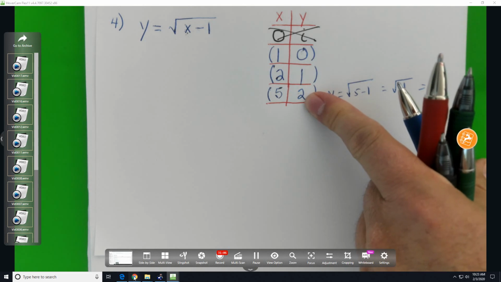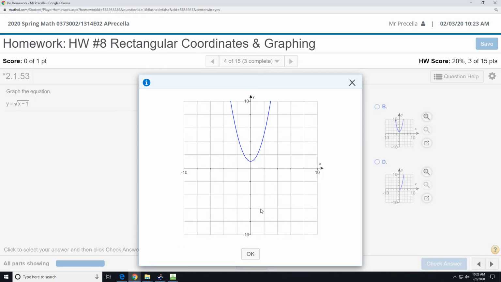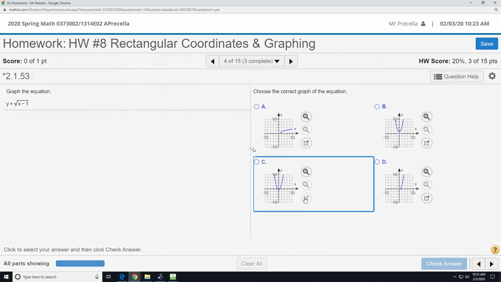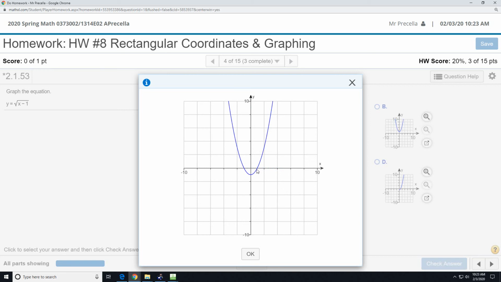As I'm talking about it, you can look through them and decide. It's not this one. Right 1, up 0 would be right here where the arrow is. So it's not B. What about C? Hey, right 1, up 0. That looks like it, right? Remember, each little mark is 2, 4, 6, 8, 10.